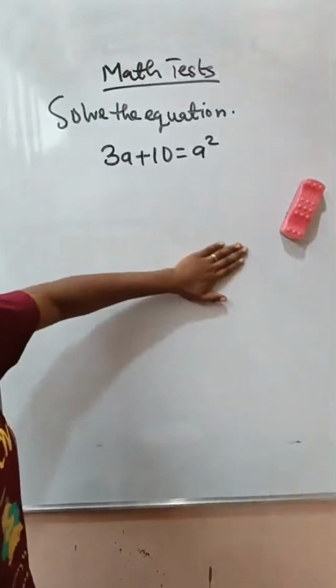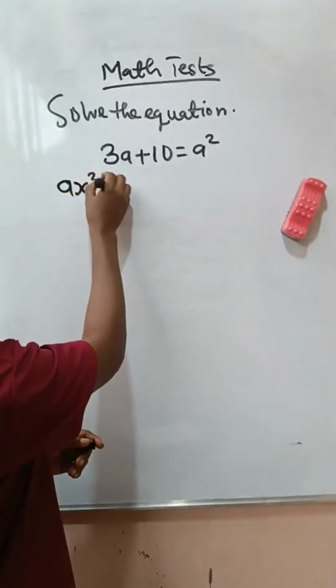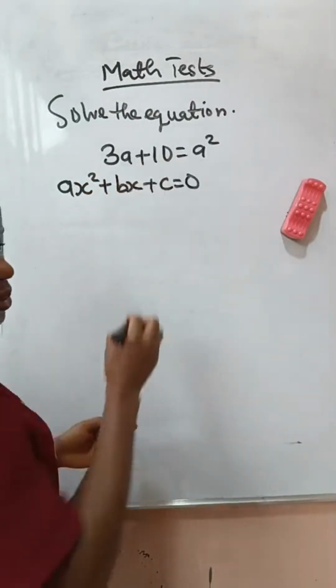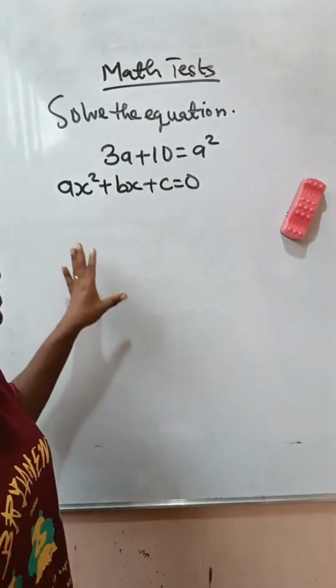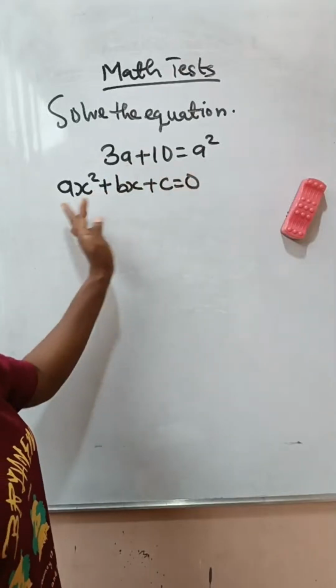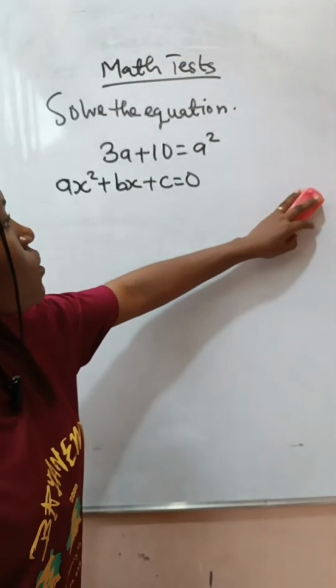A quadratic equation is always in this form: ax squared plus bx plus c equals 0. So the first thing we need to do is to arrange this to be in this form.